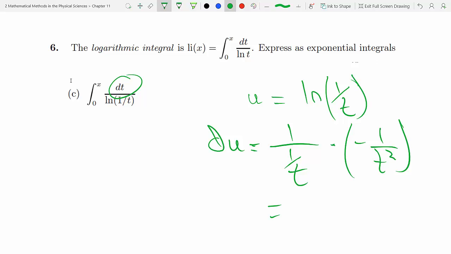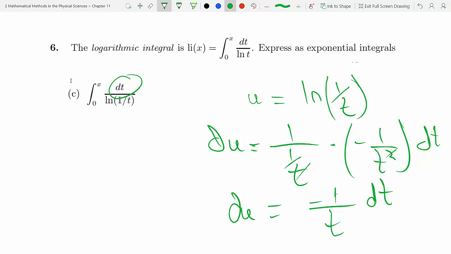So this becomes, just simplify here, the t cancels one t, and you get minus 1 over t. I forgot the dt here. So then that means du is equal to minus 1 over t dt.